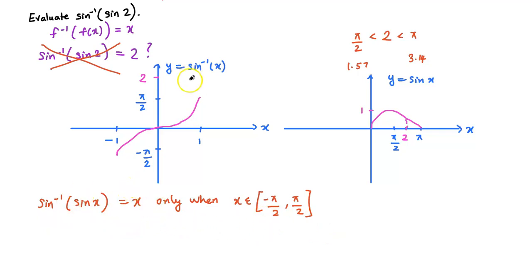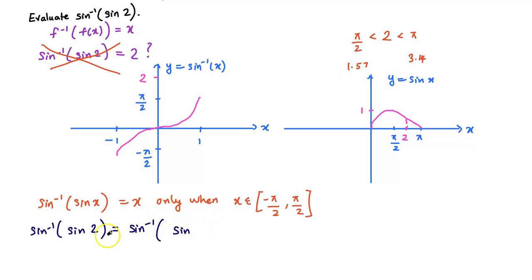So before we wrap up, let's try to solve the original problem. How do we solve sine inverse of sine 2? Because 2 does not lie in this range. 2 is greater than pi by 2, right? So we can use some fairly straightforward trigonometric identities to convert it to that form. So sine inverse of sine 2 can be rewritten using the fact that sine x is also equal to sine of pi minus x.